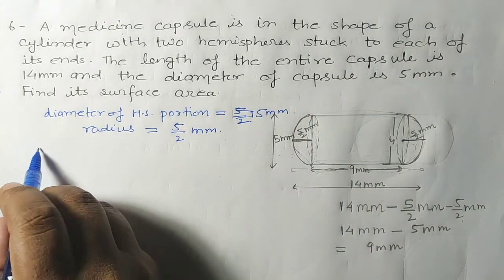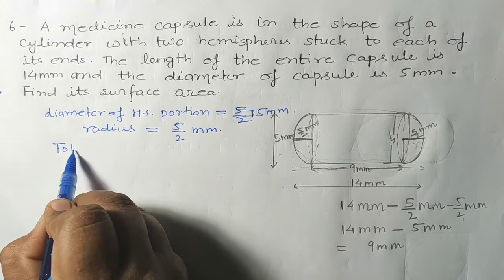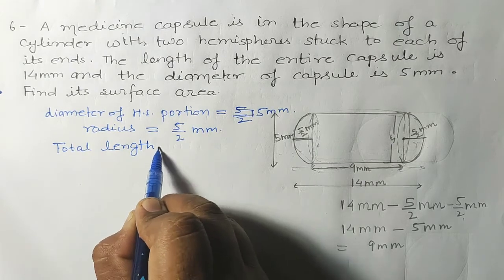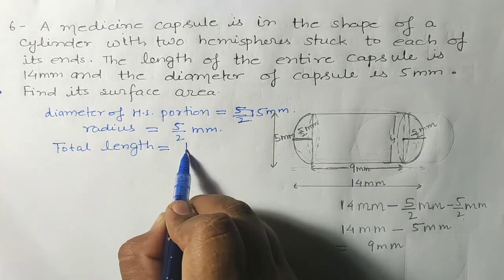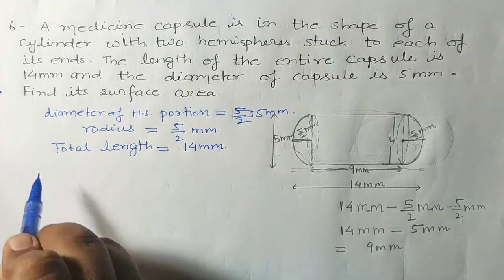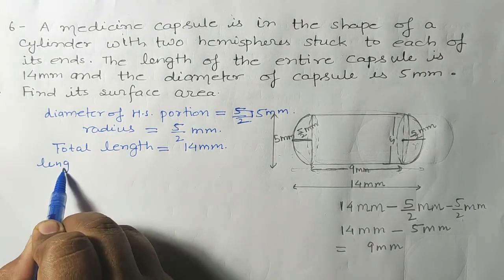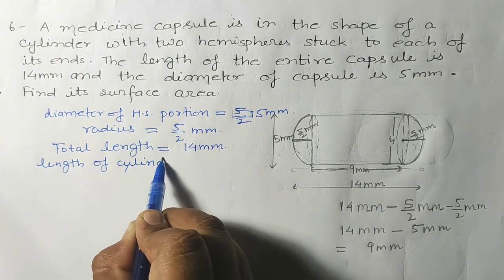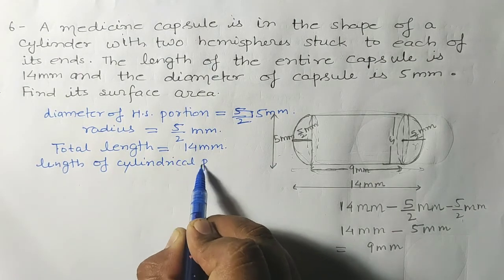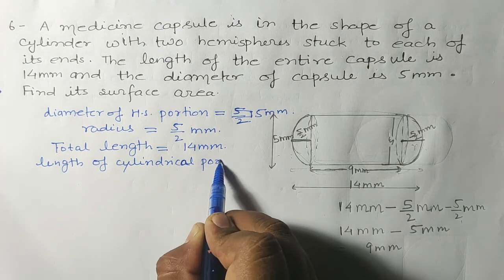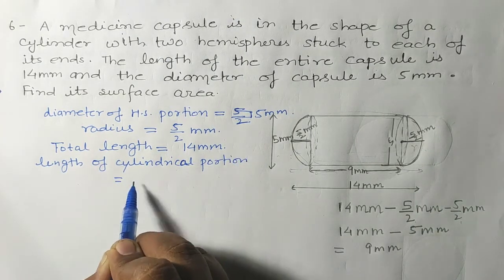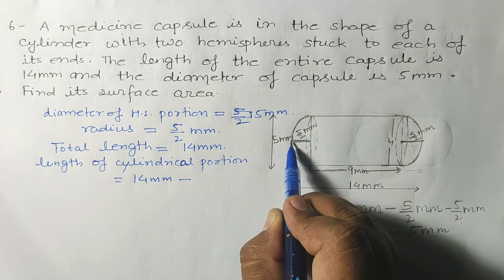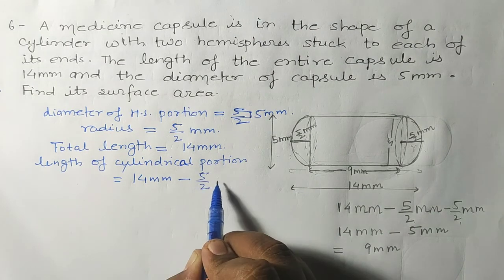Okay, now students, see, it is given that total length of the capsule is 14 millimeter. Length of cylindrical portion, it will be 14 millimeter minus 5 by 2, this you will subtract from 14.